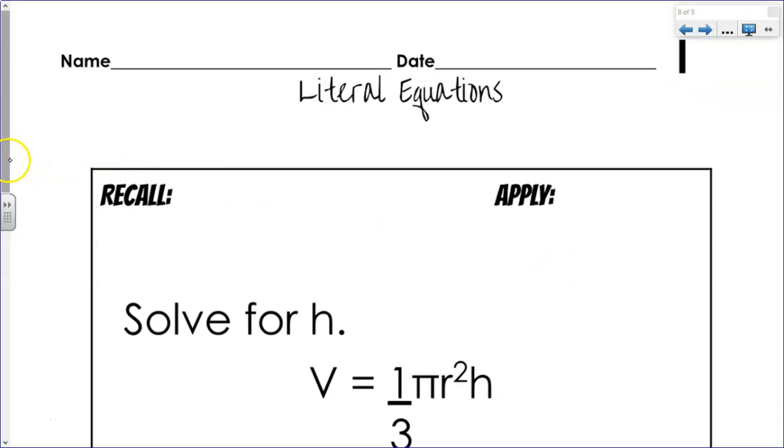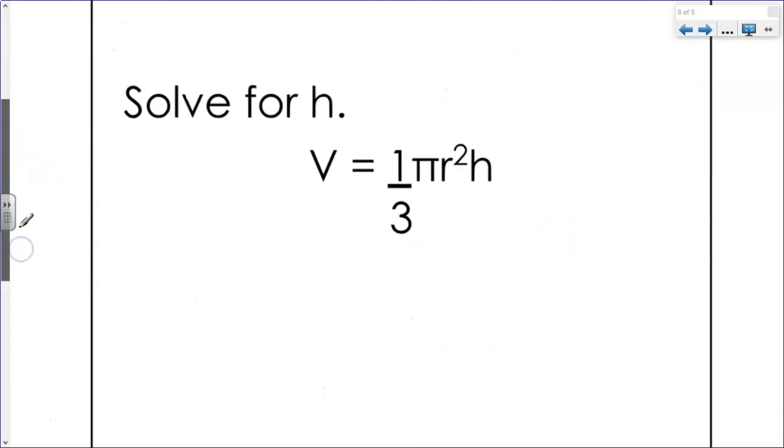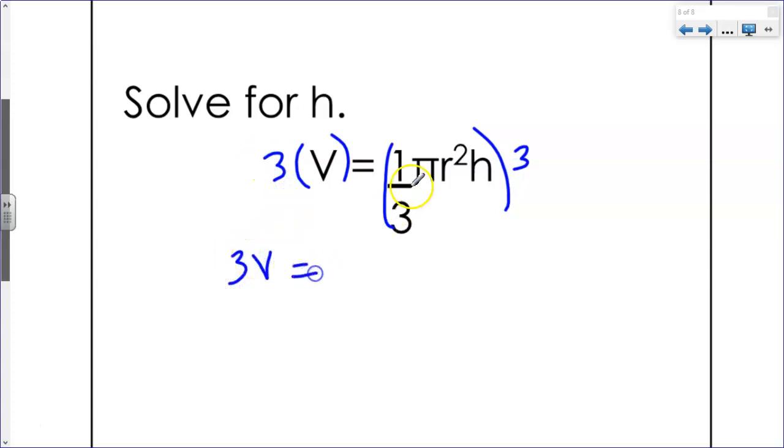Okay, so I want you to stop the video and try this, and then we're going to work it. All right, guys, how'd you do? First of all, we need to solve for h, so we're going to get rid of that fraction first by multiplying by the reciprocal. So you get 3v. 1/3 of 3 is just 1. Pi r squared h.